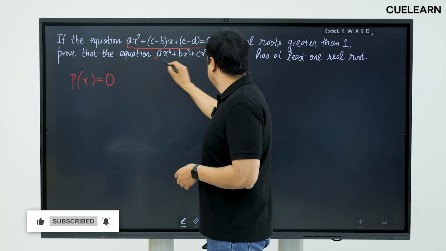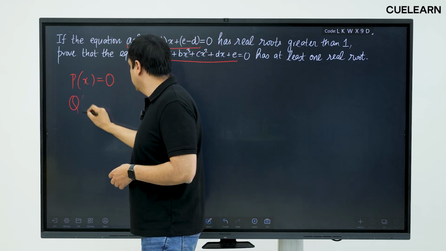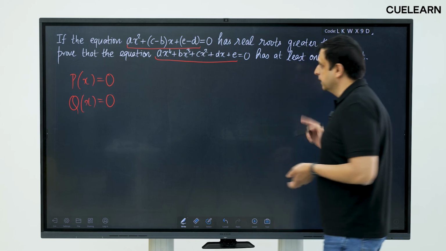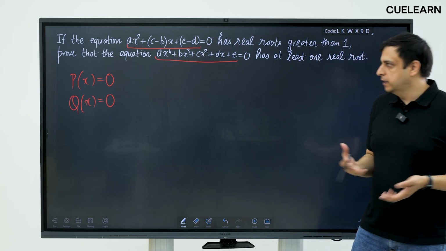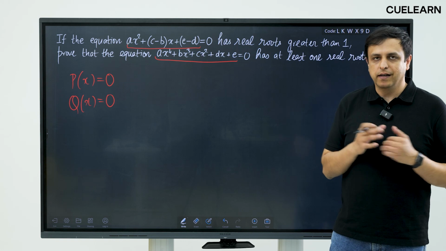Then if I take this polynomial to be q of x, I have to prove that the equation q of x equal to 0 has at least one real root, or in other words, the polynomial q of x has at least one real 0.